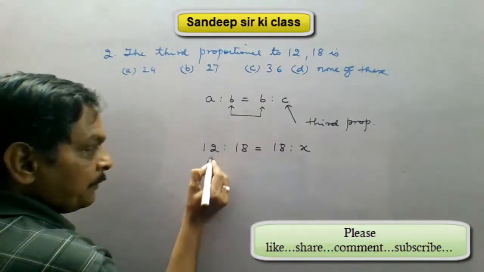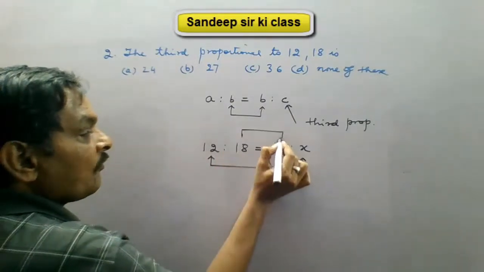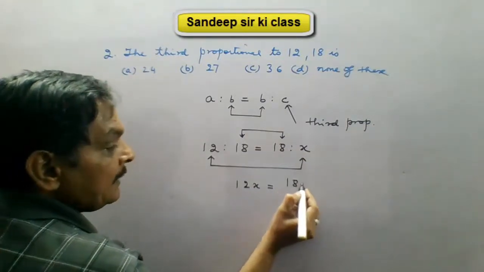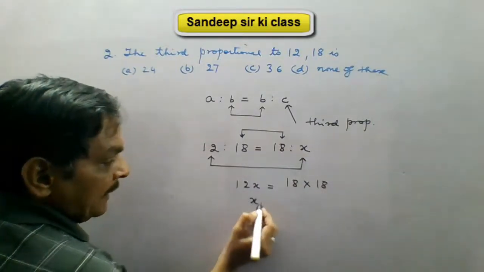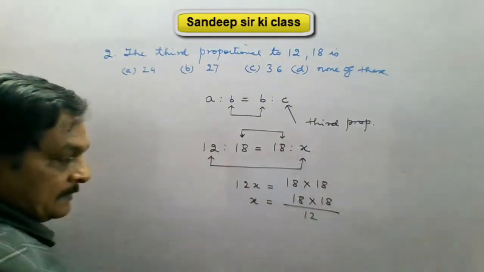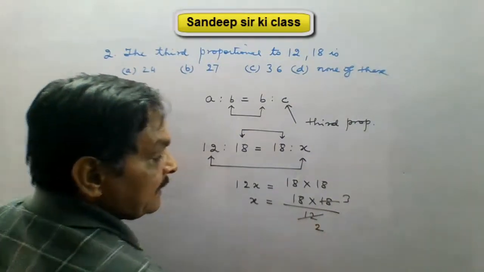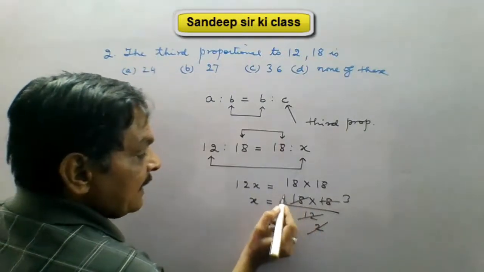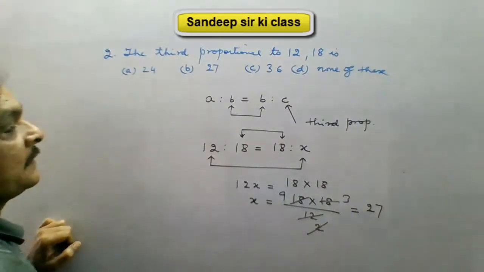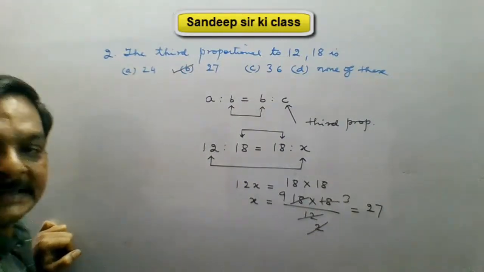Now we know that product of extremes should be equal to product of means, and hence 12x is equal to 18 into 18. x is equal to 18 into 18 upon 12. 6 cancels 12 two times, 6 cancels 18 three times, 2 cancels 18 nine times, and x equals 27. Therefore, the third proportional is option B, 27.